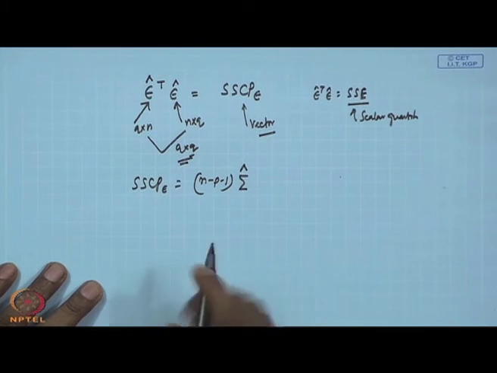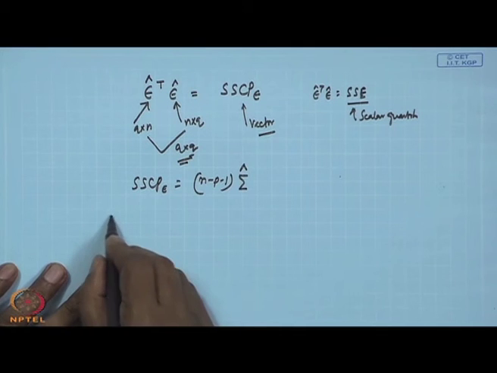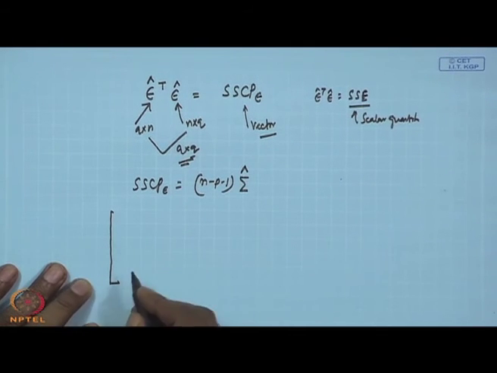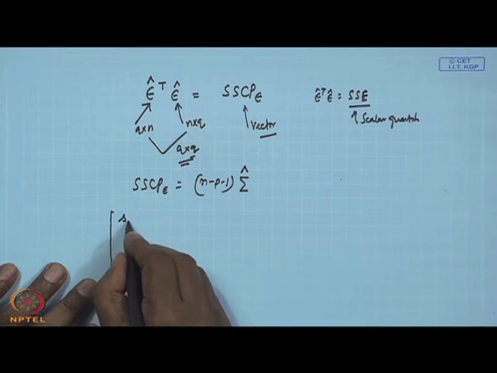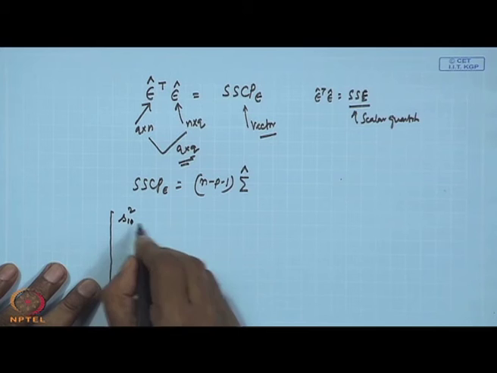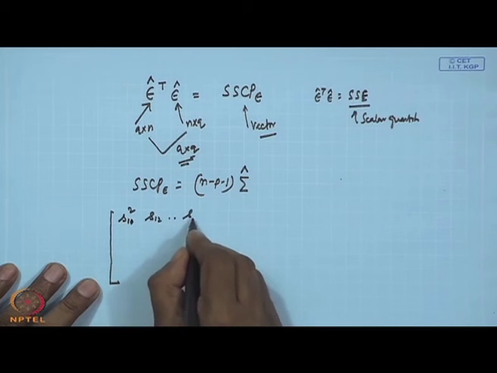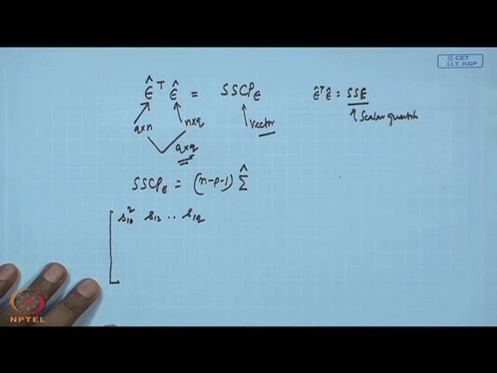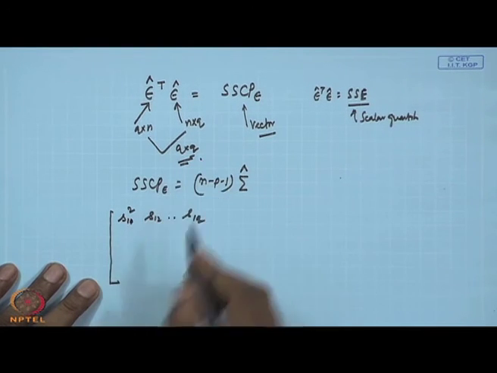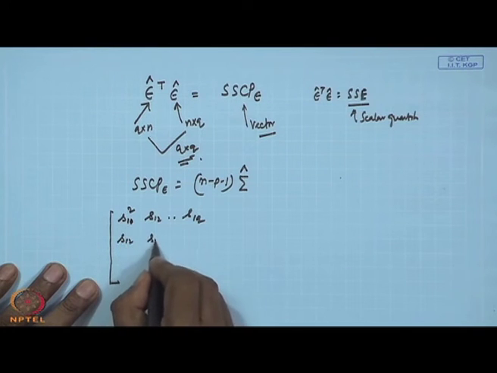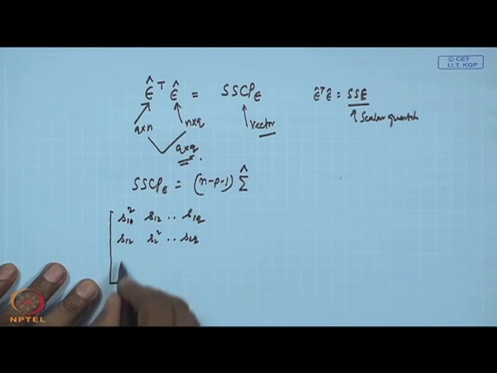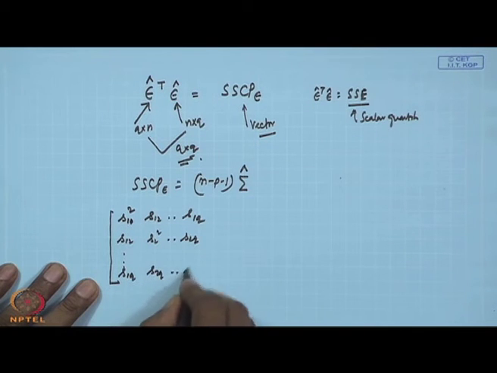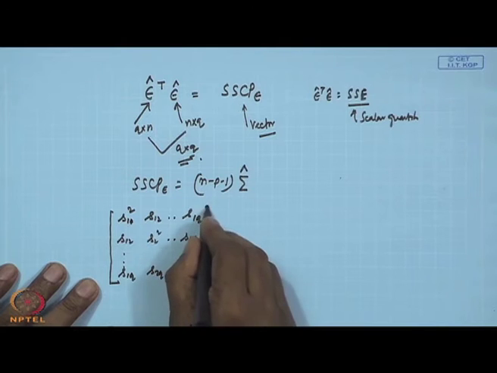Getting me? Now what we will do, if we write SSCPE like this: S11 or S1 square, S12, S1q, because this is q cross q, then S12, S2 square, S2q. So like this, if you write S1q, S2q, Sq square.